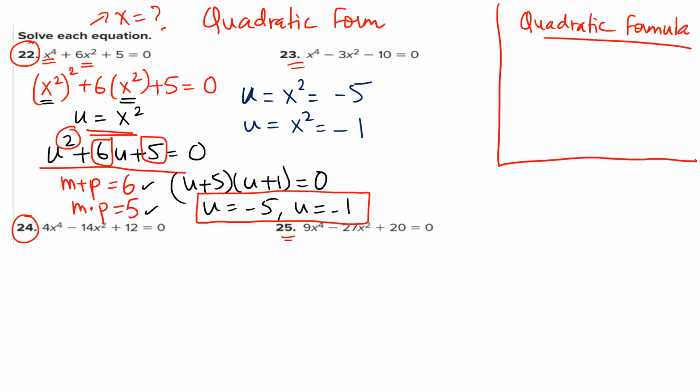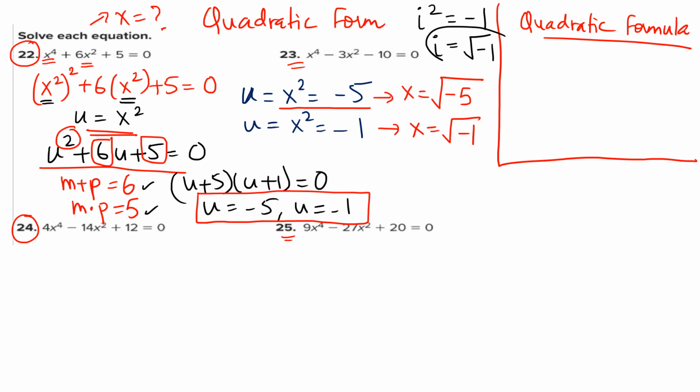So if you look at this equation, x square equal to minus 5, we need to give x, so we will take square root. So square root of minus 5 and here square root of minus 1. Now you know this is going in complex, because you know in complex numbers iota square is minus 1 or iota is the square root of minus 1. So from here I will get x equal to plus minus iota, and from here x equal to plus minus square root 5 iota.